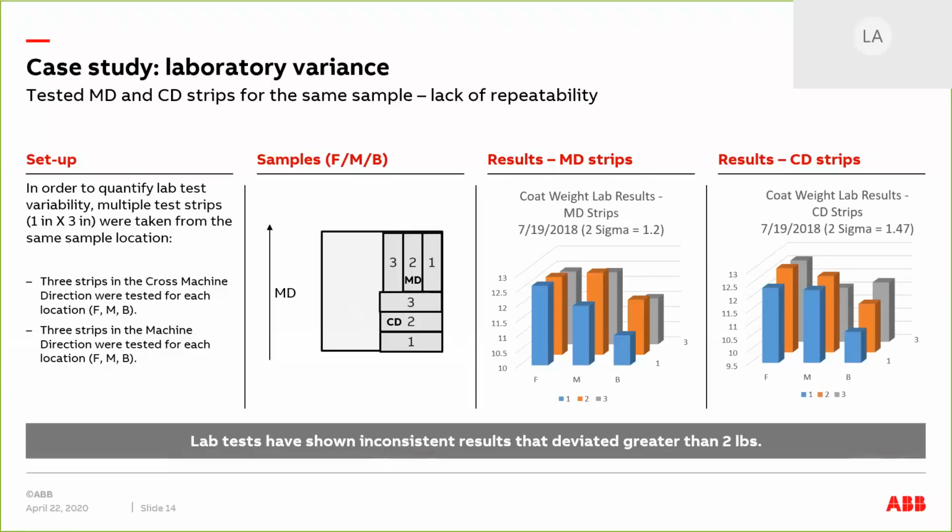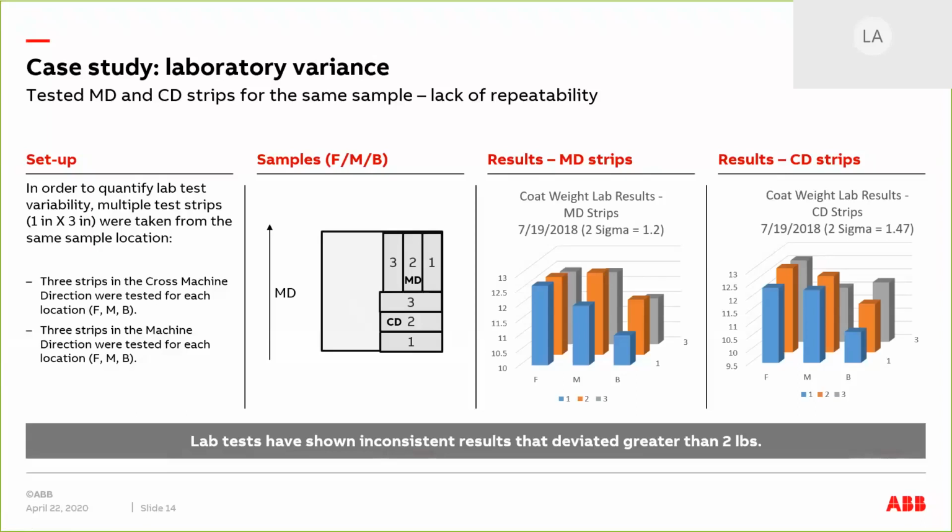Okay, so from a lab test, what we observed, you really need a large sample set, which reduces the effect of random lab and sampling errors. For example, based on the sample size used when the lab did this test, I'll give you the number. It's pretty shocking. 0.1 gram error in the sample weight can produce 1.8 pounds of coat weight error.